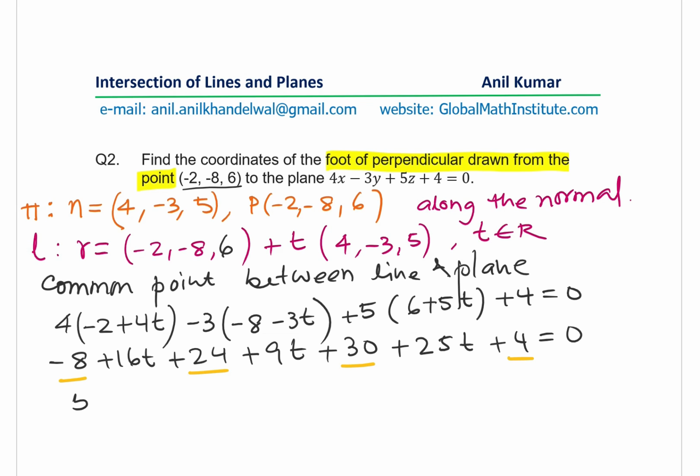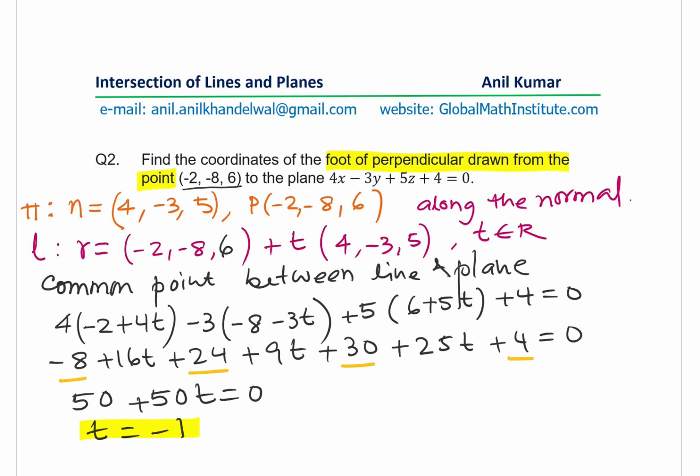So we have 50 as the number. As far as the t values are concerned, 16 and 9 is 25, plus 25 is also 50, right? So we get plus 50t equals 0, and that gives you t equals minus 1, correct? So we have the value of t as minus 1.